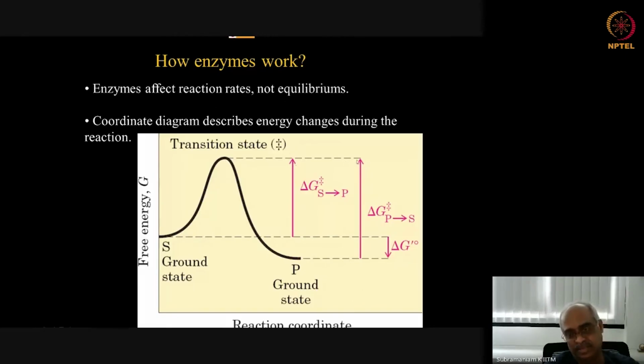And from there, it is going to come down, and here you are going to see an overall net negative free energy change, and that is why the reaction is possible. So this is another factor we need to remember, and this is the actual difference between the substrate and product.